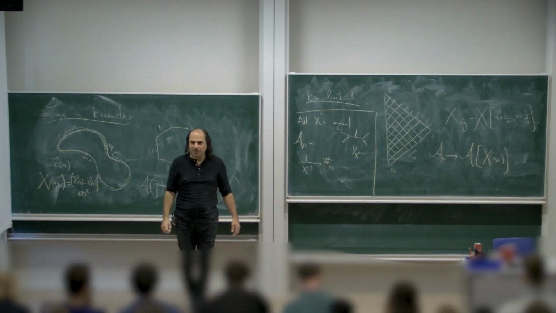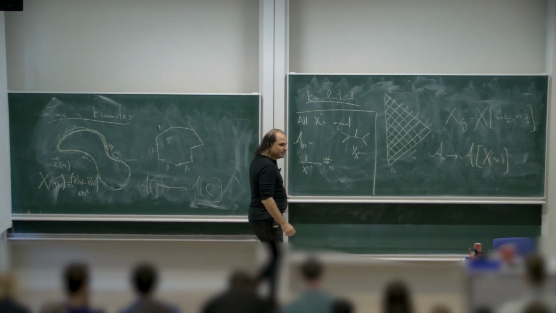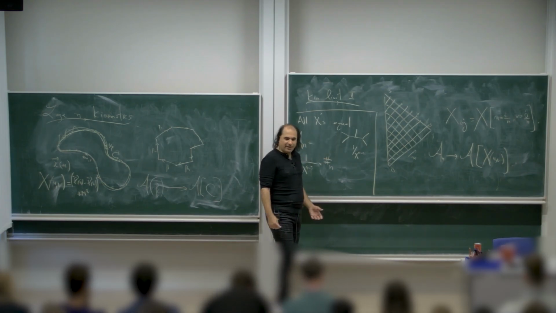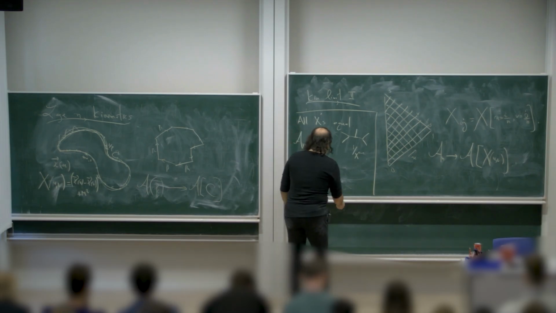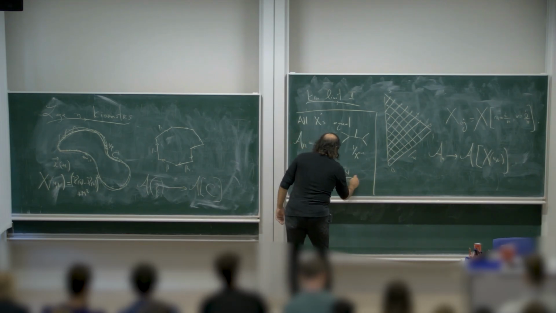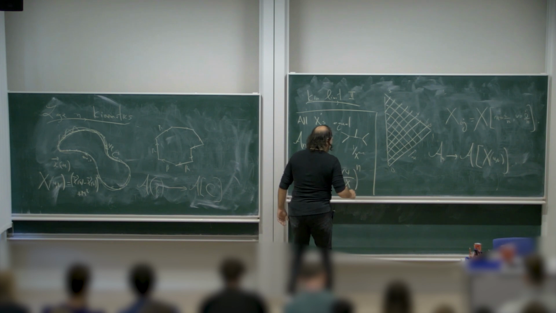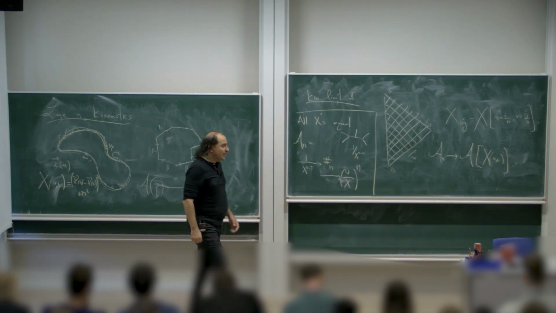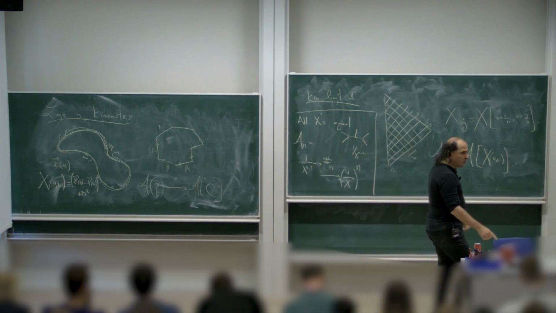The number of diagrams are the Catalan numbers, and it's very easy to see that the Catalan numbers grow like 4 to the n at large n. So we said that already. So already here we see that this goes like 4 over x to the n at large n.